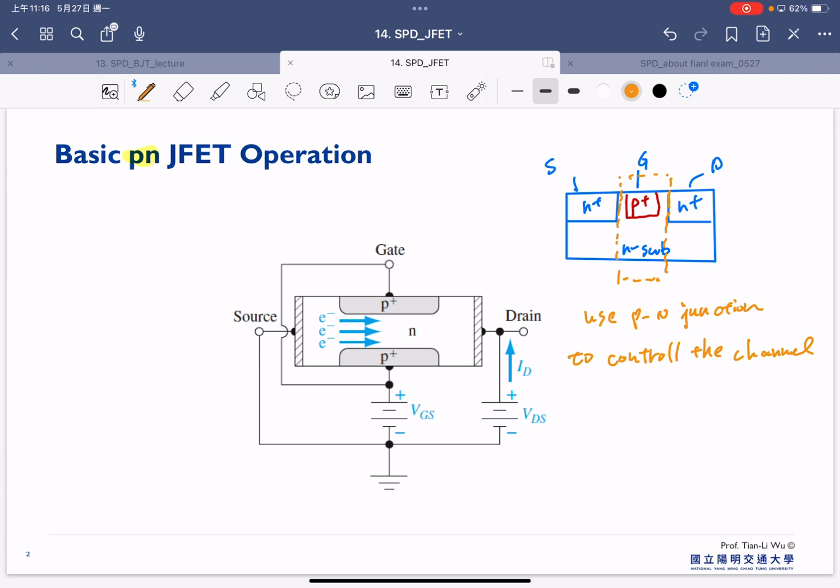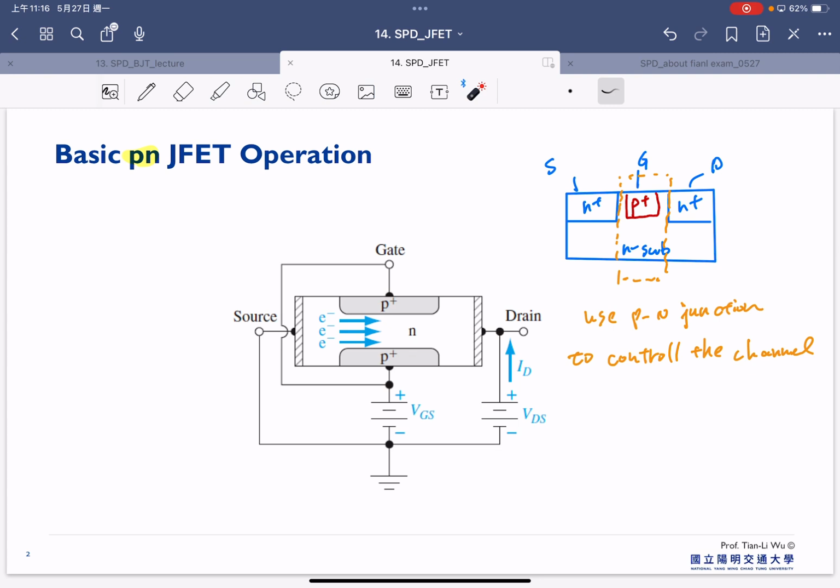So as you know, once we give the forward bias on a PN junction, your depletion width is reduced. But now if you give a reverse bias, you actually increase this depletion region. So we can use these ideas to turn on and turn off our transistor.